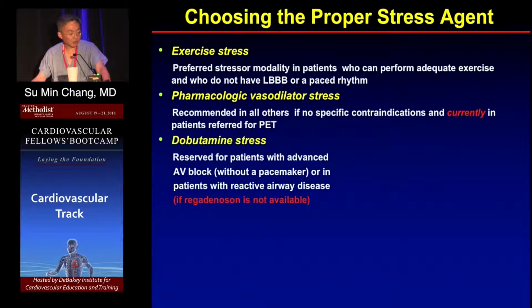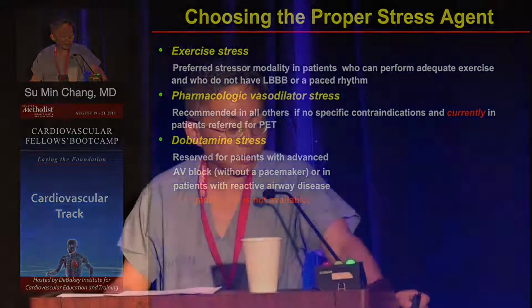And it's about the only method of stress for PET, and I think also for MRI and CT perfusion. Dobutamine stress is only for patients with advanced AV block or patients with active wheezing, but in those cases, dobutamine could be used. Okay, but the choice obviously depends on how comfortable you are with using all this technology.